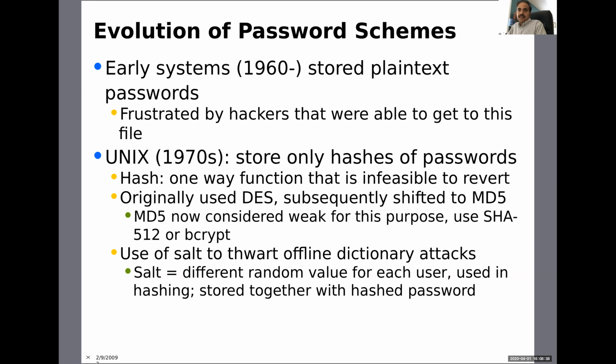That was the first time people decided that the actual passwords themselves would not be stored in any place, but a hash of these passwords would be created, and that would be stored in a file.